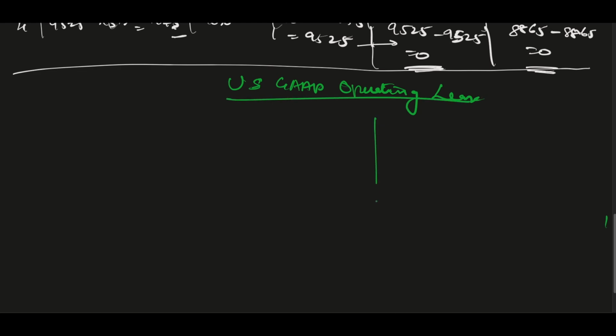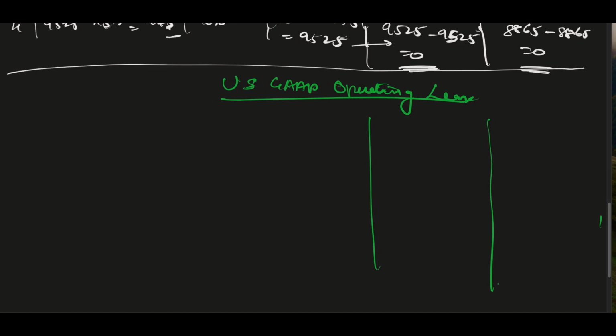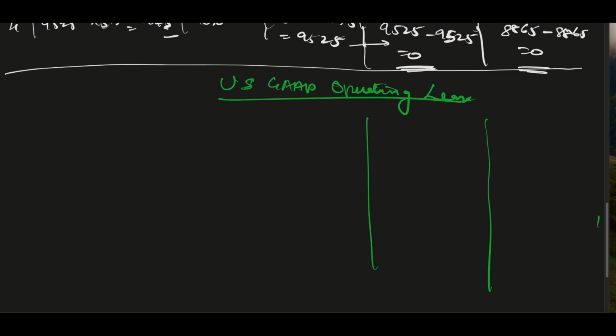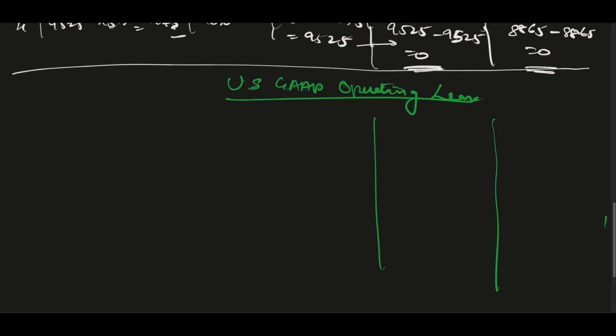Okay, so this amount will be the same. I'm just going to copy paste it. So this is ending liability, and this one is ROU asset.